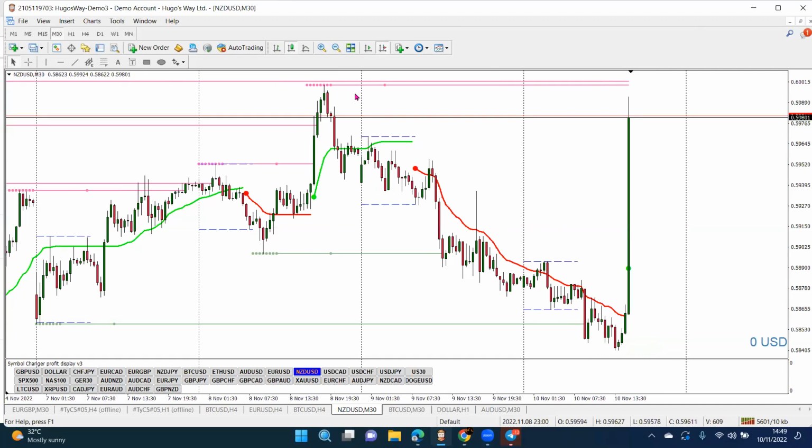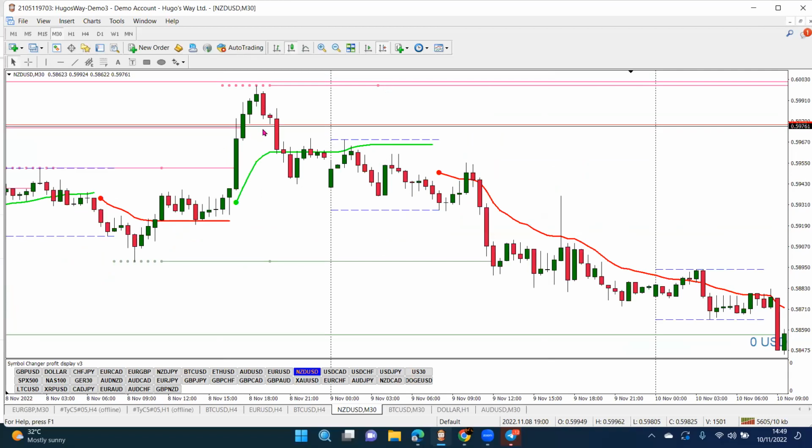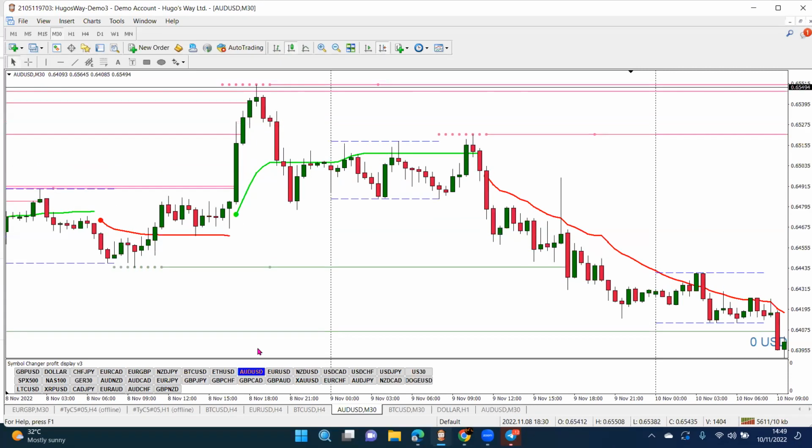You notice when we're looking at entries, let's go to AU so it rhymes with what we've been discussing. There was an entry here for a sell, but the reason why we couldn't get that entry was because there was no retest. Price didn't come back to retest.